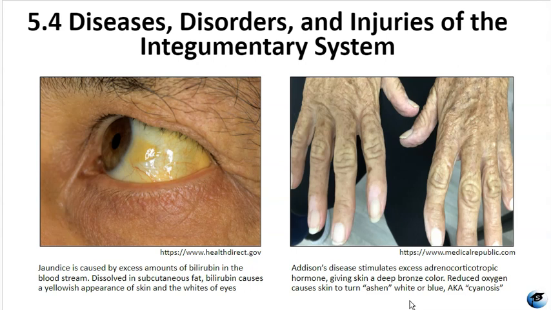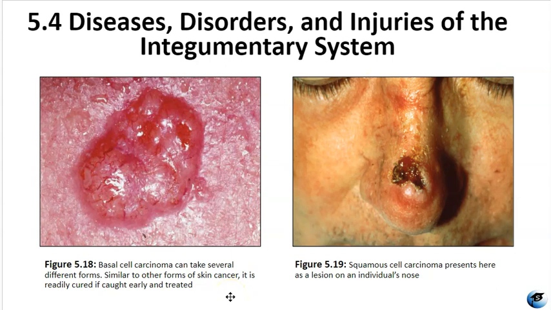What you have is an excess hormone that gives skin a really dark brown color, and then this progresses into different colors due to reduced oxygen levels in the blood over a prolonged period. So you can see different colorizations like this ashen white color, and then also you have blue areas. This is called cyanosis.